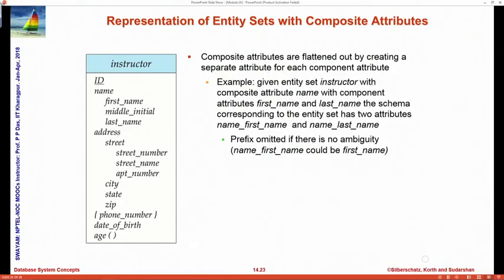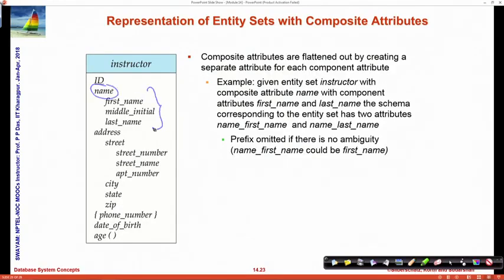For example, if I take a name, it has 3 components. Each one of them I can give a new name: name underscore first name, name underscore middle initial, name underscore last name. By prefixing with the attribute name, I make the names of these components necessarily unique.